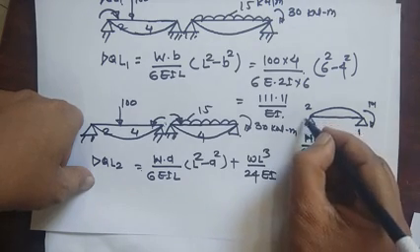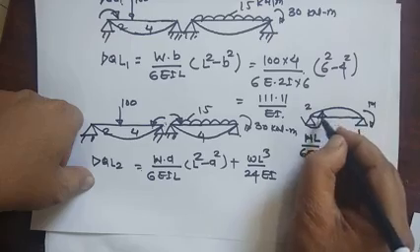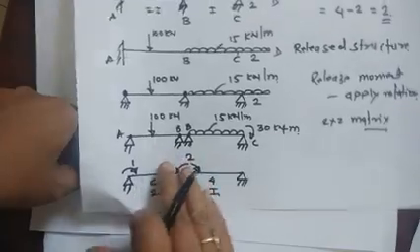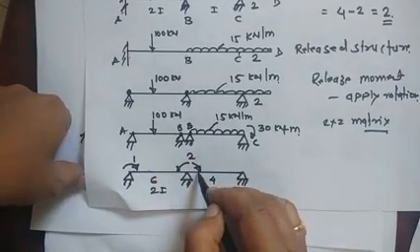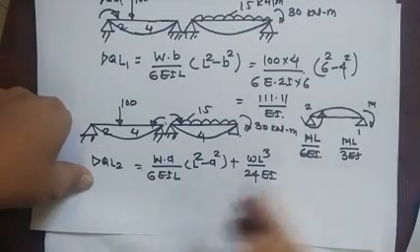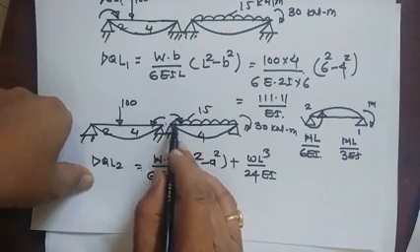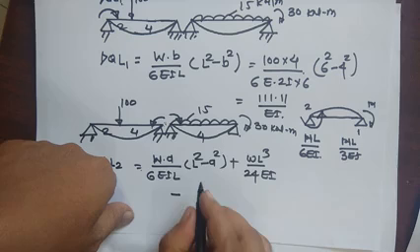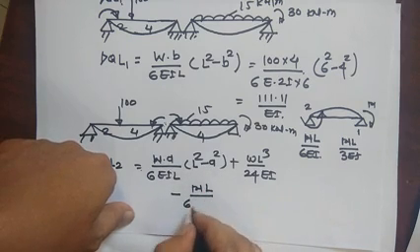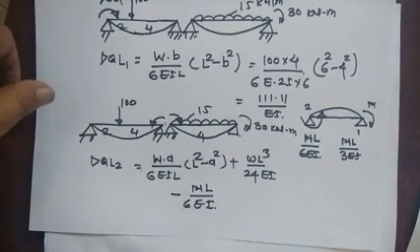Now here the rotation is produced in this direction, and what we have assumed is the direction in this direction. So this is opposite to each other, that is why take this minus, and this will produce the rotation at this 2 as ML by 6EI.